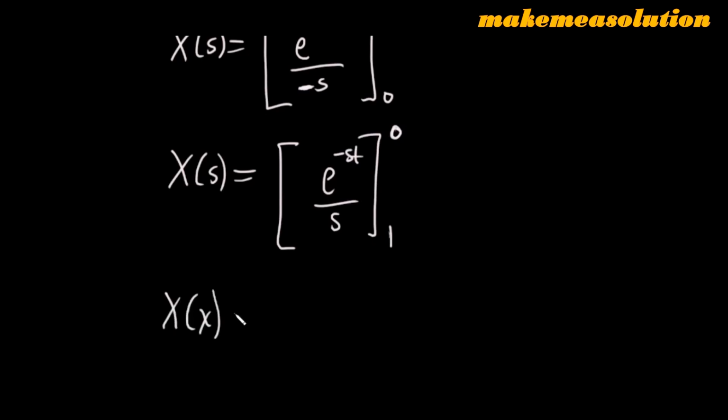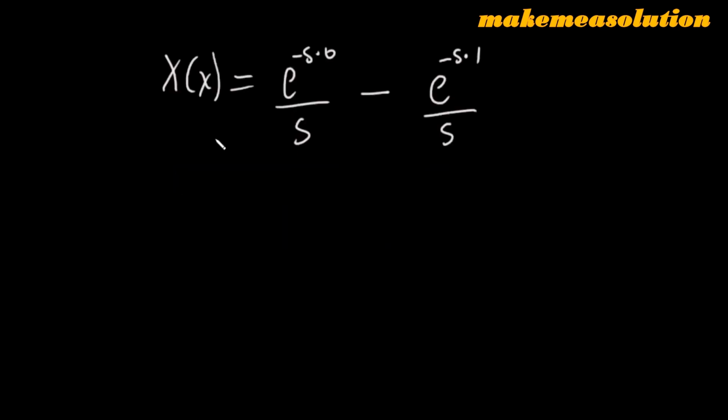So x of s, applying this definite integral, will have the definite integral when t is 0 minus the integral when t is 1. Okay, so applying this over here, you have exponential minus s times 0 all over s minus exponential minus s times 1 all over s.